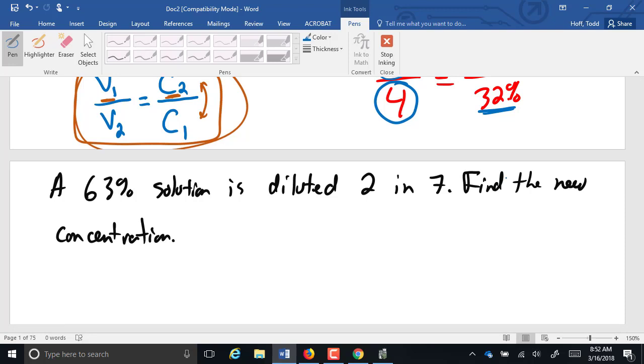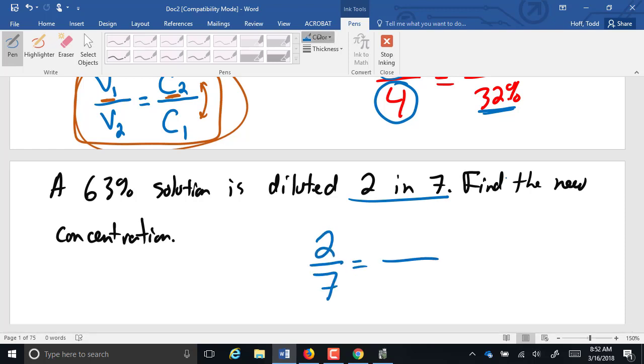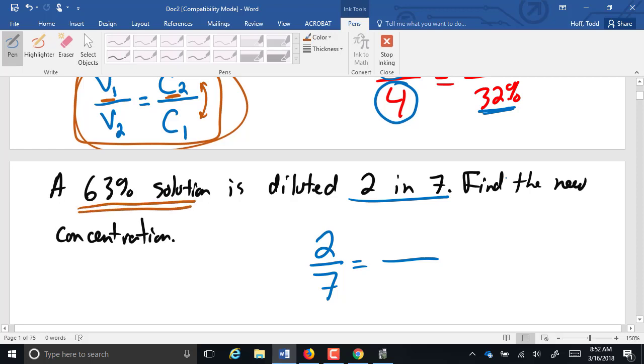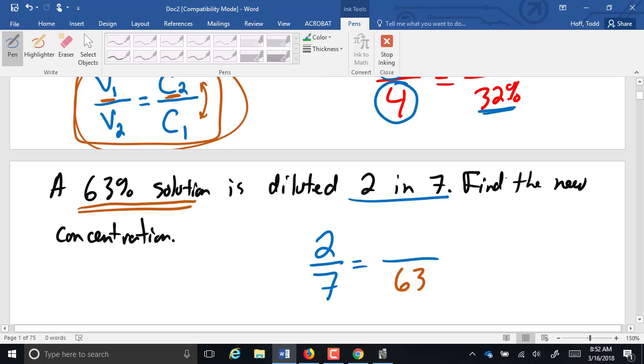But as we saw up above, we don't need that volume. It's a 2 in 7 dilution. The 63% is the concentrate that's going to go on bottom because we know the new percent is going to be smaller than it. If you dilute it down, the concentration goes down, the percent goes down. So we're going to find that number by cross multiplying and dividing. 2 times 63 divided by 7 gives us 18. It's an 18% solution after we dilute it.